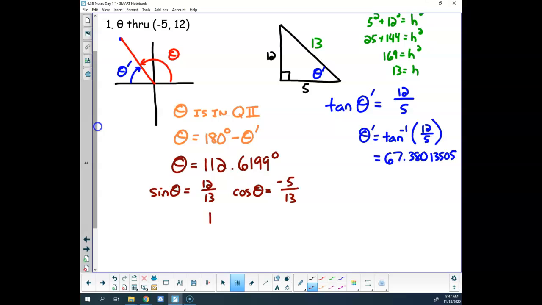And my tangent would be negative 12 over 5. Really, it's 12 over negative 5, but I like my negatives on top. Why? Because tangent's negative in quadrant 2. Because it's 12, right? My opposite side is 12 over my adjacent side. This is really negative 5, and this is really 12 here. With me? And there's my answer.